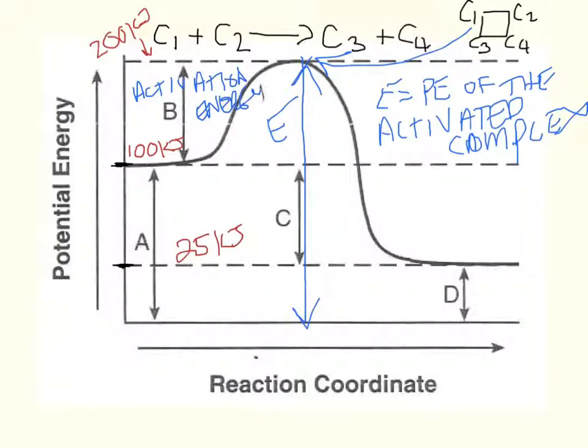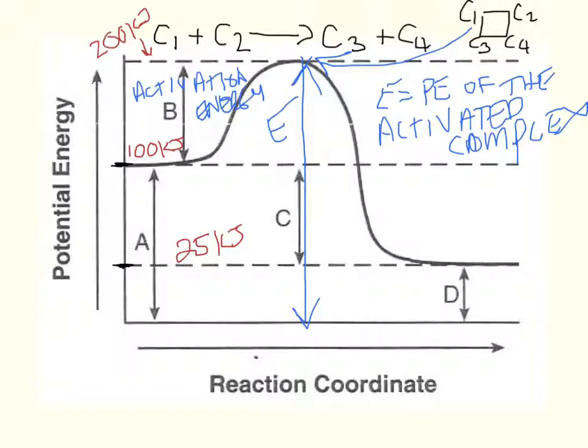And it's basically E minus A. So if you want to get that, it's this total energy of the complex minus the energy that we started with for the reactants. So E minus A gives me B, because if you add the height of A and the height of B together, we get the height of E. So the activation energy is just this portion of the curve. All right.